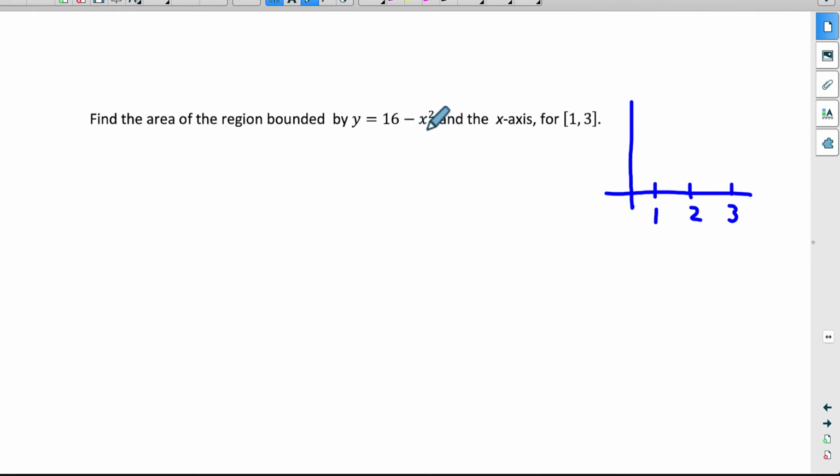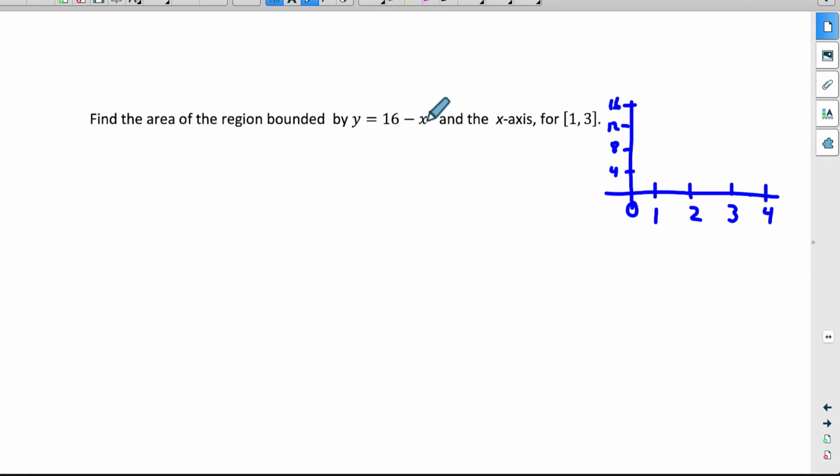This is a parabola that's facing downward and has its vertex at 0, 16. I'll even start at 0. So we're going to go up as high as 16. So let's just do it like this. 4, 8, 12, 16. And I know we're only going from 1 to 3, but actually, let's just go 0 to 4. It's easy to graph.